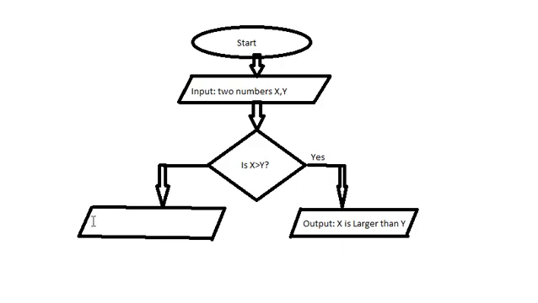So now I'll write here output: x is smaller than y, or I should write here what is larger, because this flowchart should display what is the larger number. So I should write here that y is larger than x.